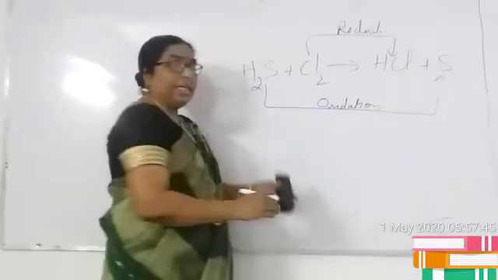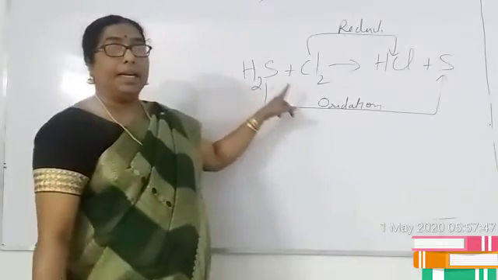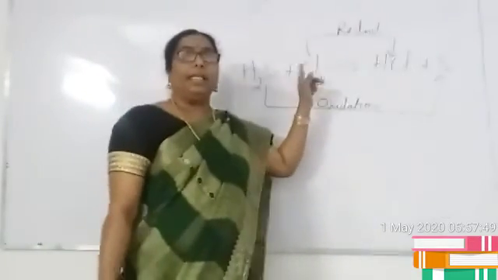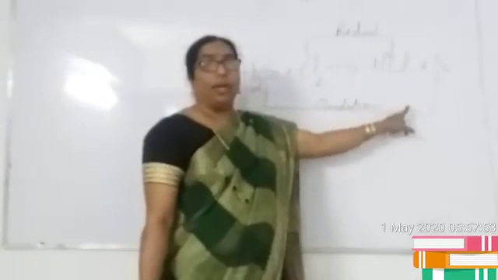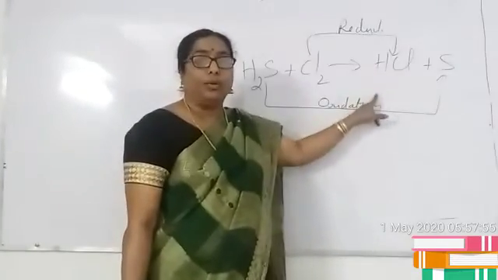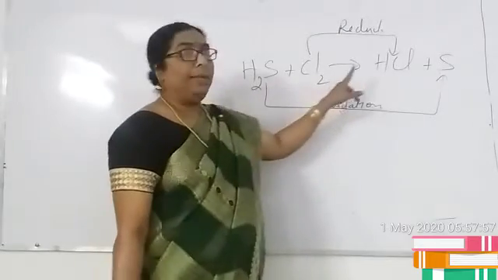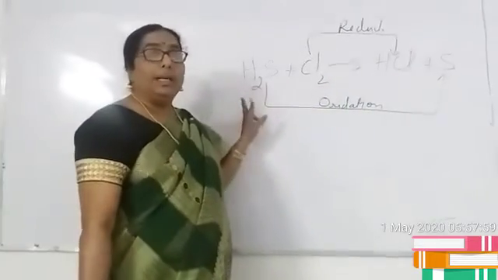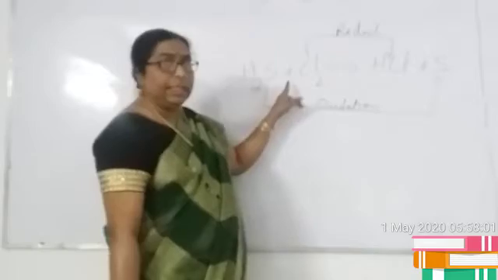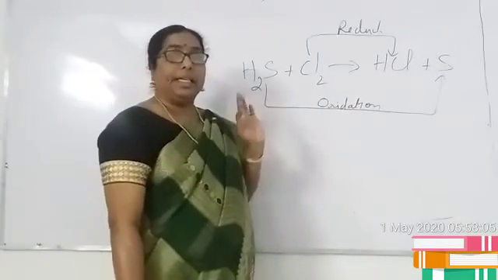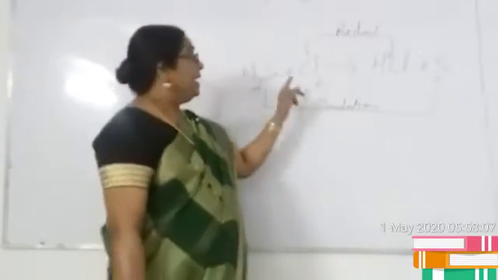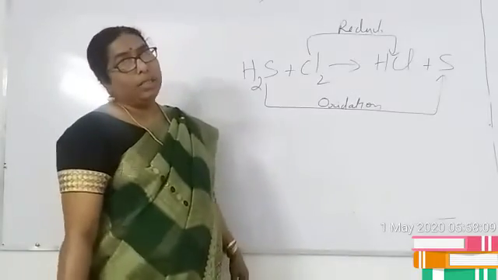Here we explain oxidation and reduction in terms of addition or removal of hydrogen. Chlorine becomes hydrogen chloride, which involves addition of hydrogen, and hydrogen sulfide becomes sulfur, which involves removal of hydrogen. Again, this type of reaction where oxidation and reduction take place simultaneously is termed a redox reaction.